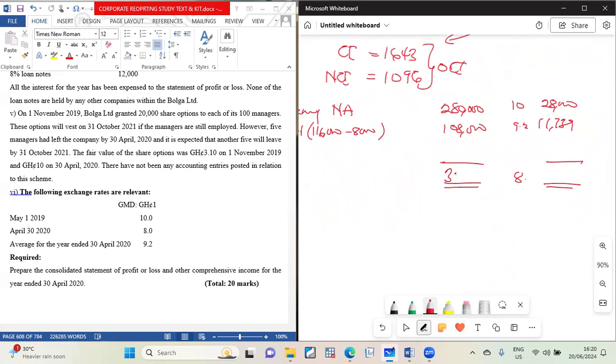We have 388. So if I have 388 divided by closing rate of 8, that gives me 48,500. Don't forget, we need to just do the addition and find out the exchange difference. All right, so let's do that.